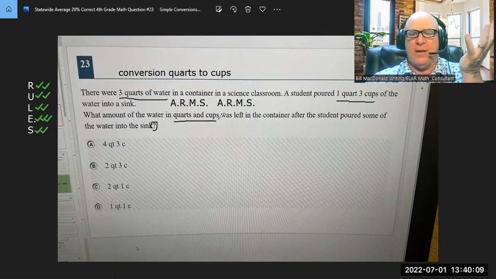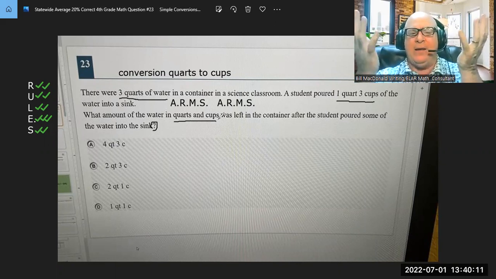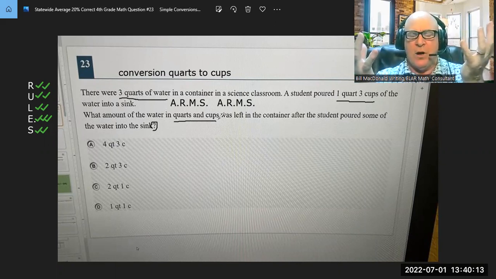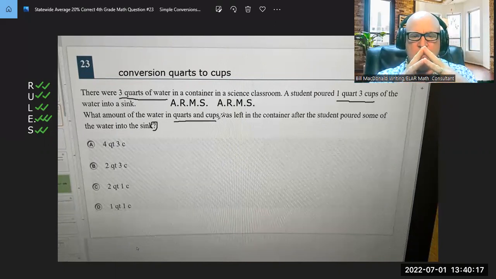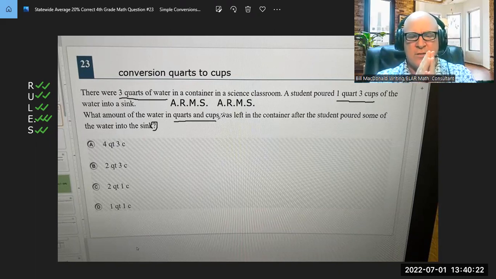So you watch my hand, quarts and cups. That means our keywords are different. So there's always a conversion rate that has to happen.